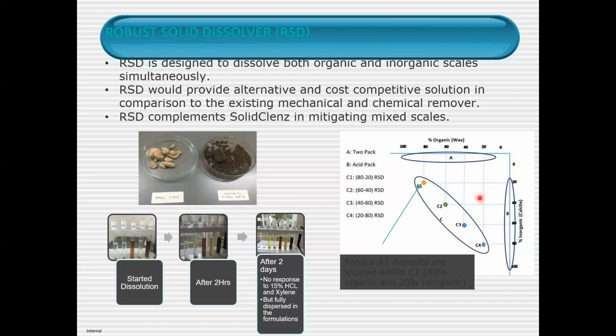So you don't need two or a few different treatments; in one treatment, you can resolve both wax and scale. So this is the graph to choose the right formulation to resolve both of these solids issues.